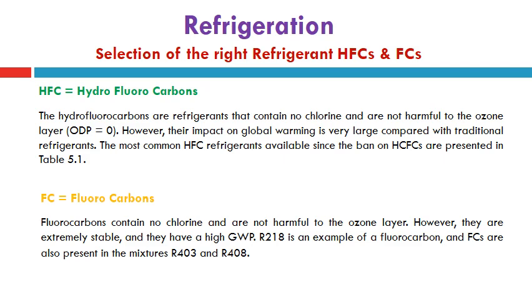Fluorocarbons, FCs. Fluorocarbons contain no chlorine and are not harmful to the ozone layer. However, they are extremely stable and they have a high GWP. R218 is an example of a fluorocarbon, and FCs are also present in the mixtures R403 and R408.